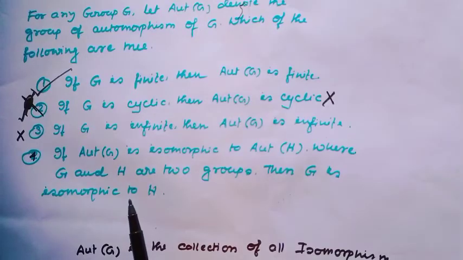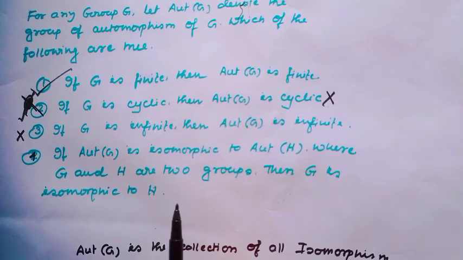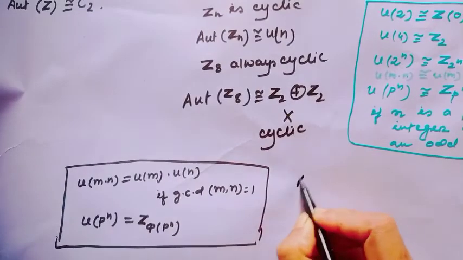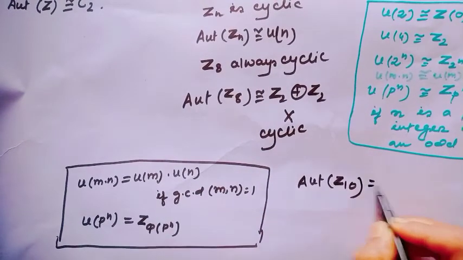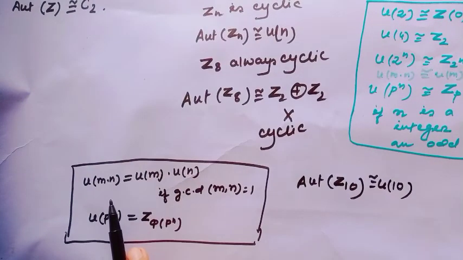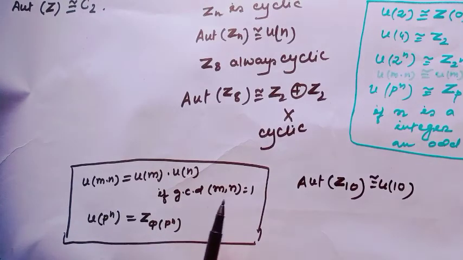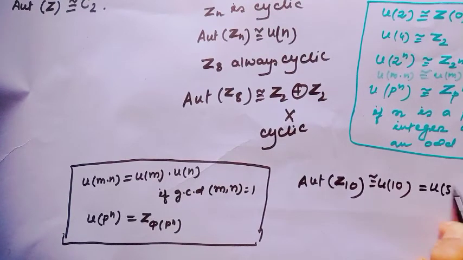The fourth option says if Aut(G) is isomorphic to Aut(H), where G and H are two groups, then G is isomorphic to H. Notice, Aut(Z10) is isomorphic to U10, and by this formula, U(mn) equals U(m) times U(n) when GCD of m and n equals 1, we can write U5 times U2.